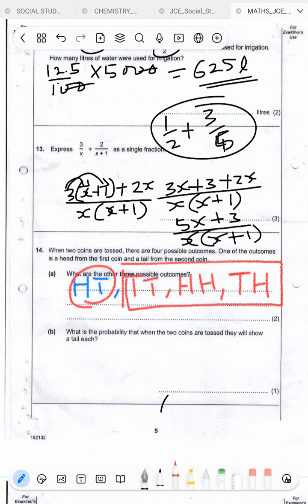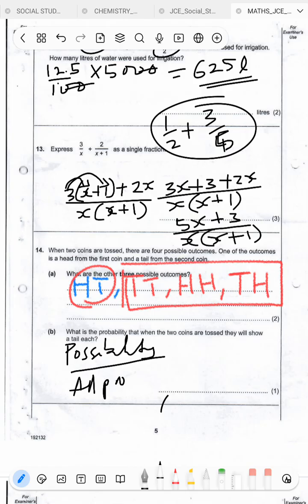B says, what is the probability that when the 2 coins are tossed, they will show a tail each? Remember, probability is simply the possibility over all possible possibilities.